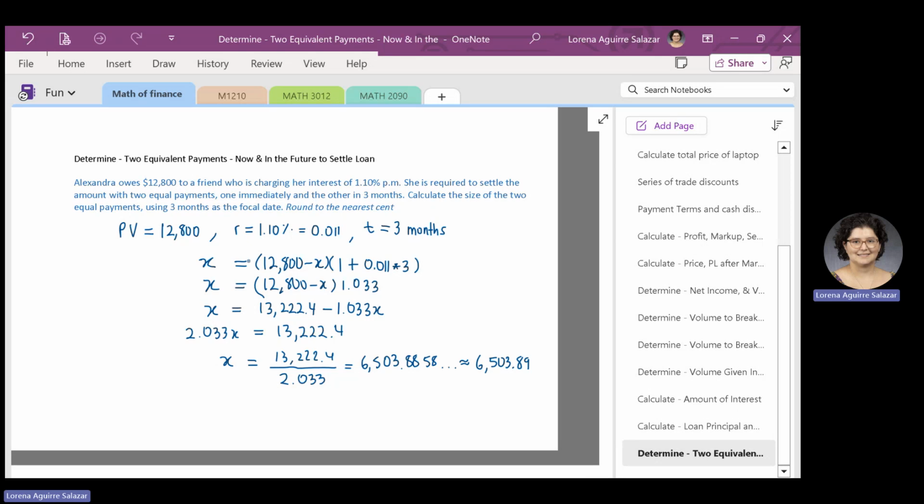If we note the size of the 2 equal payments by X, then X, what Alexandra pays immediately, should be equal to what she needs to pay later to settle the debt. And what she needs to pay later is the maturity value of the loan of $12,800 minus X, what she already paid.